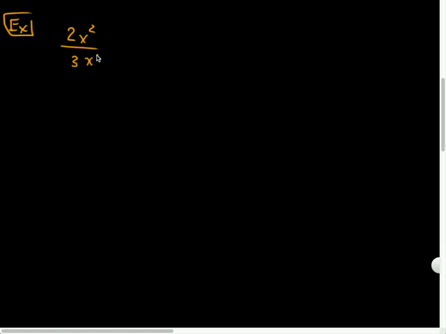Over 3x to the 5th multiplied by, what if I've got 12x to the 7th over, I don't know, x to the 3rd or something like that. Now, I think we've had problems kind of like this back in the days of properties of exponents, but these are rational expressions, right? They've got little polynomials in them and dividing them, so yeah, that's rational.